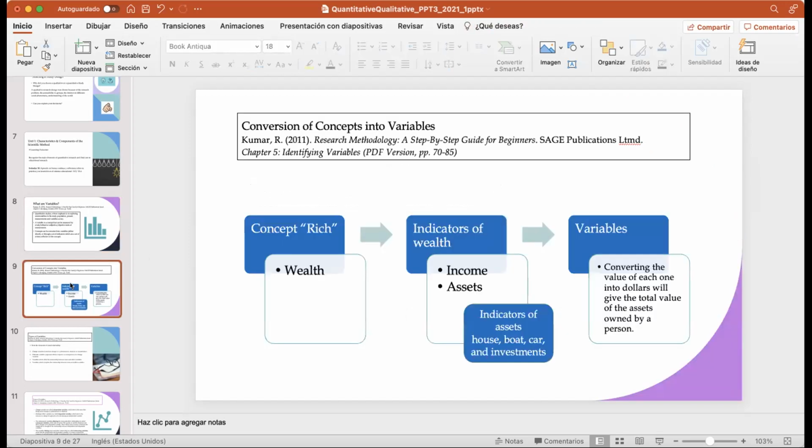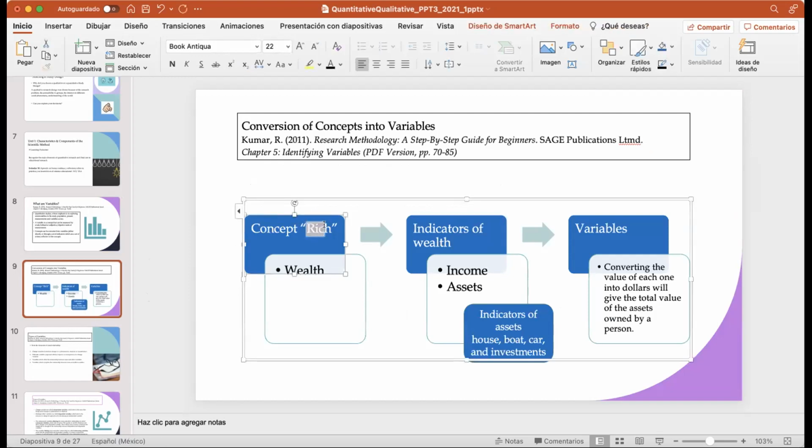And he gives an example here. The concept of rich. So we know rich is an adjective. What does rich mean? Rich, adjective in English? What is a rich person?